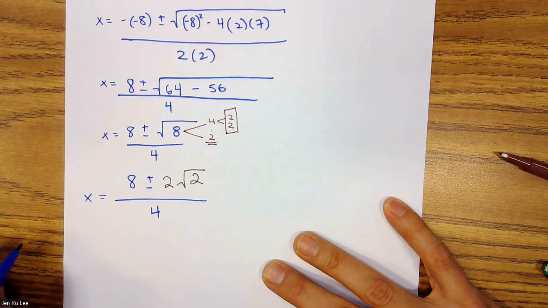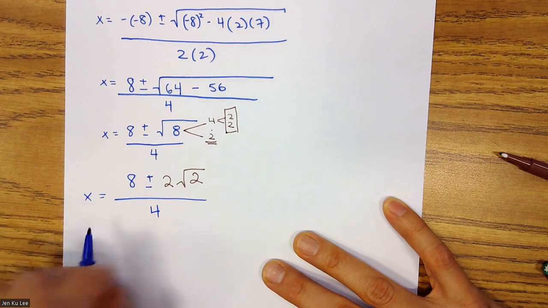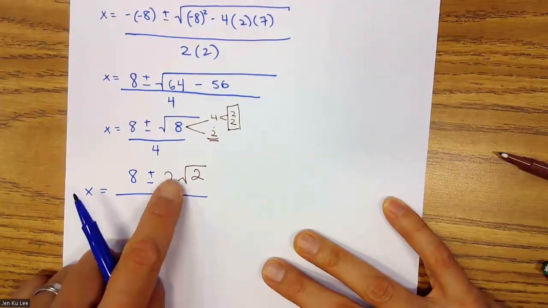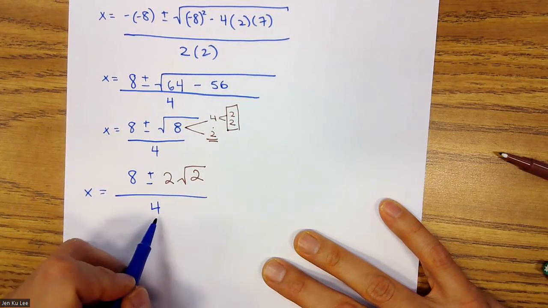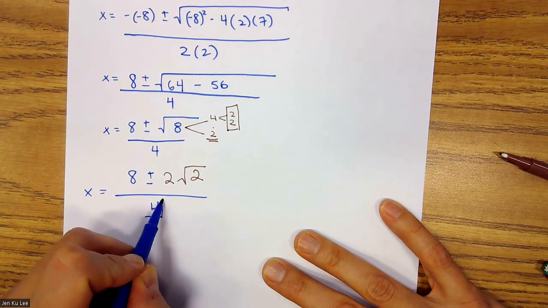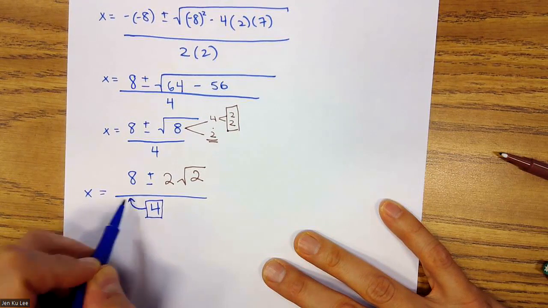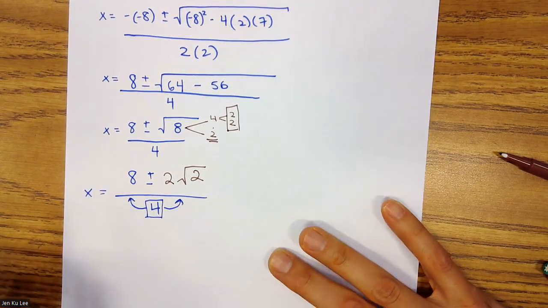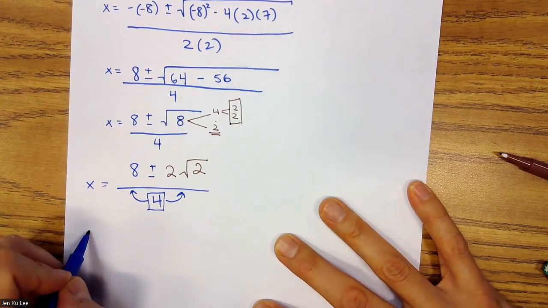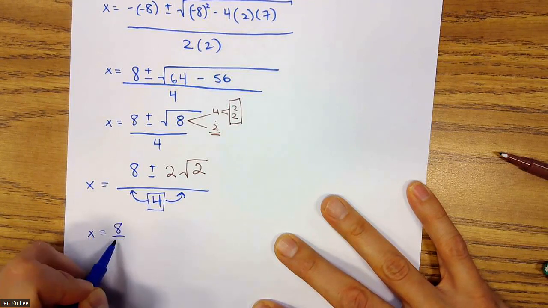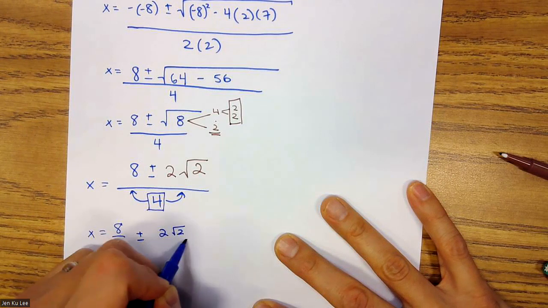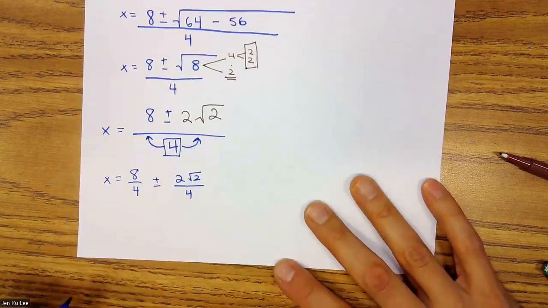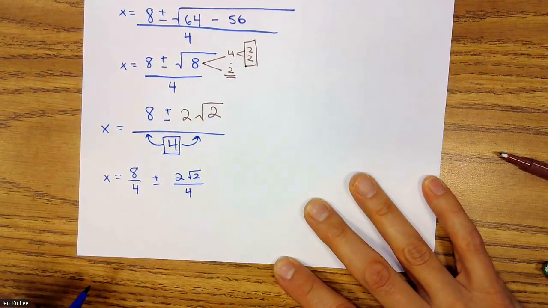Now, do you guys see that I can cancel stuff out? This 4 goes both to the 8 and the 2 square root of 2. So this would be 8 over 4 plus or minus 2 square root of 2 over 4. Okay?